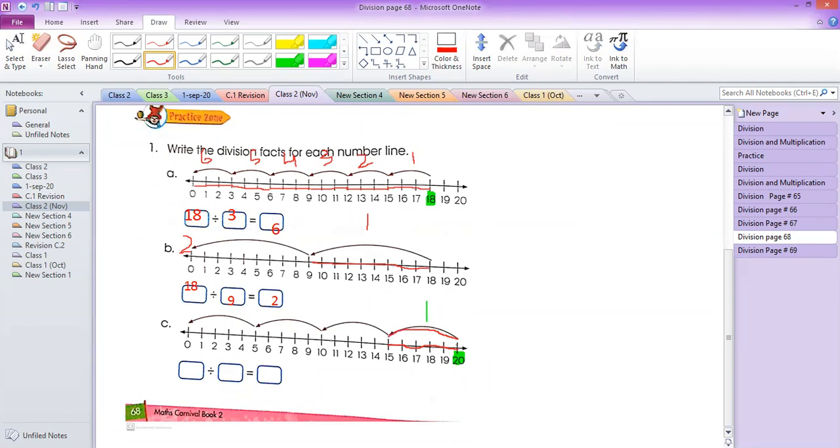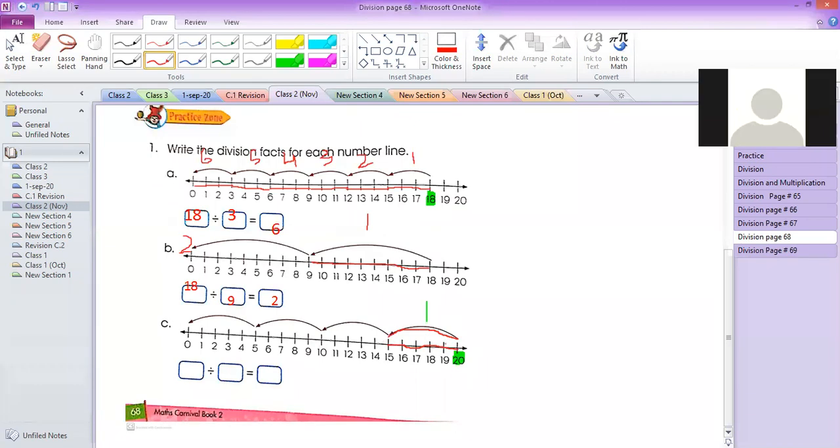From 20 you count 1, 2, 3, 4, and 5. So you are counting back in fives. First you will write 20 here in this division sentence, because you are dividing 20 by which number?